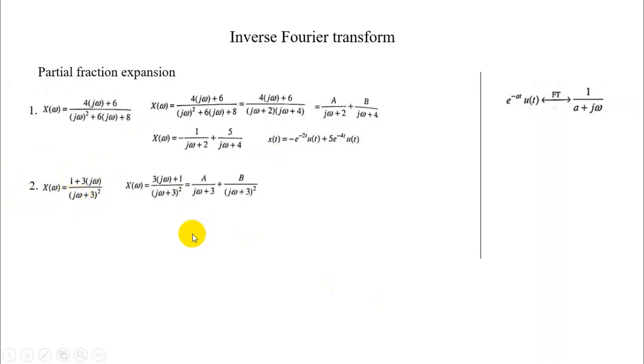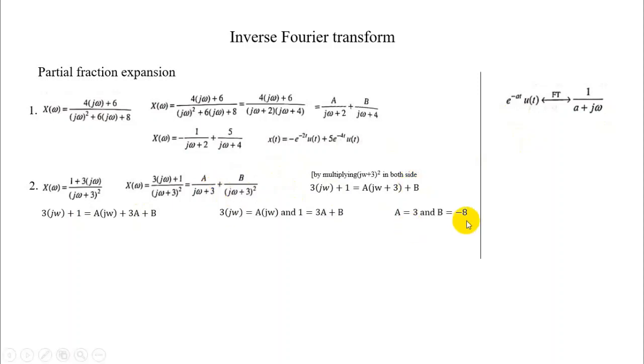In a similar fashion we need to determine the value of A and B. By multiplying both sides we get this equation, and by equating real and imaginary parts, we can easily get the values of A and B. Putting the values of A and B, we have the equation like that, and as we discussed earlier, the Fourier transform of e to the power -at u(t) is given by 1 divided by a plus j omega.